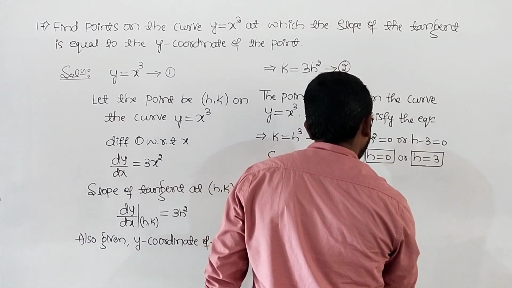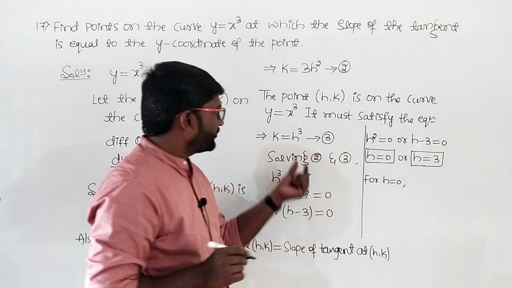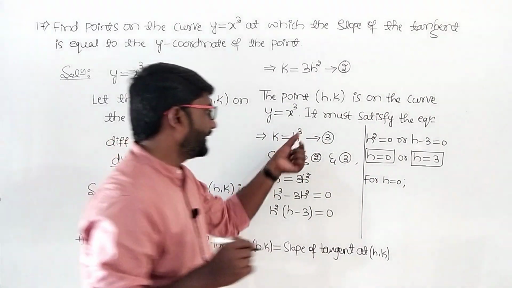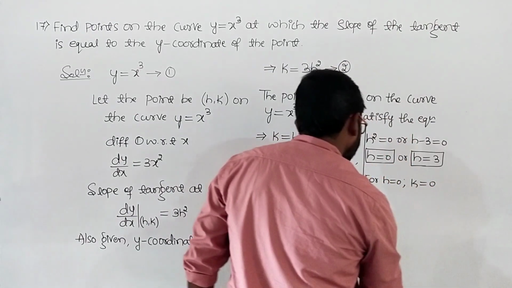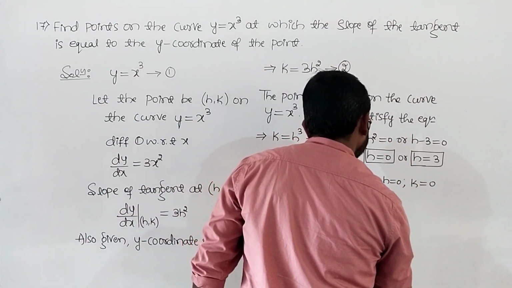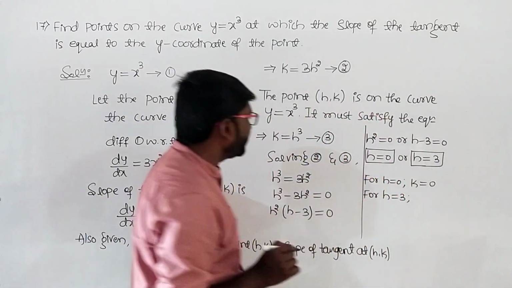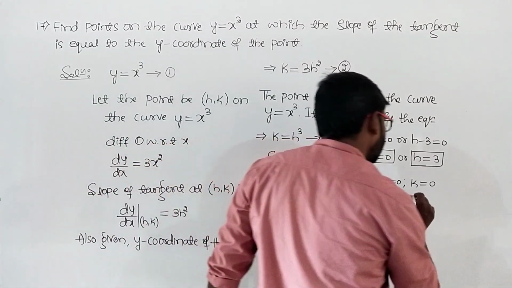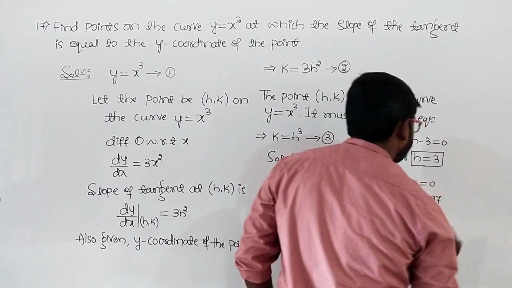For h equal to 0, rewrite equation 3, 0 cube is 0, so k equal to 0. Then for h equal to 3, 3 cube is 27. We get k equal to 27.